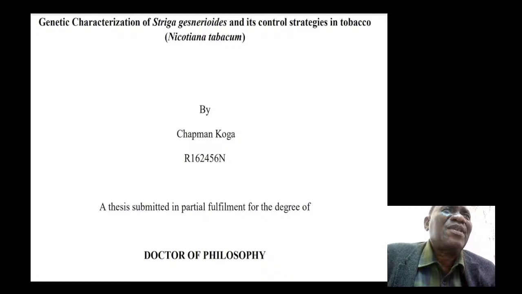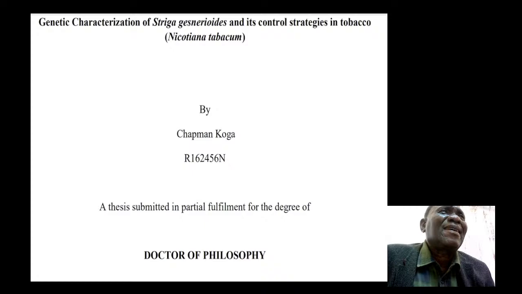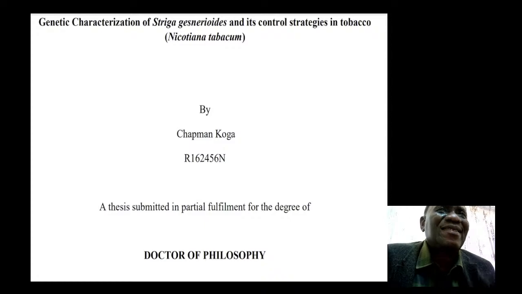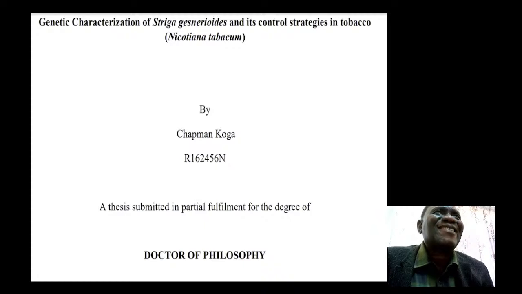Here we had a student, Chapman Koga, who did a PhD or a DPhil on genetic characterization of Striga gesnerioides and its control strategies in tobacco. He was our student. After finishing, he migrated to Australia, and that is where he is working now.